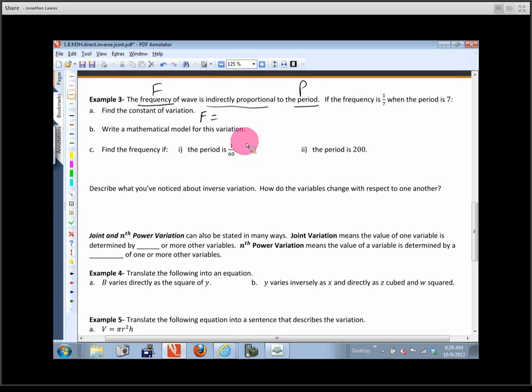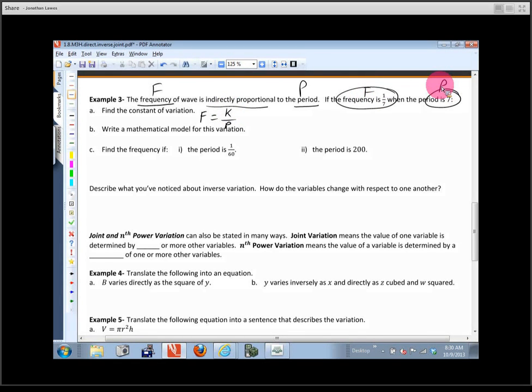If it's inversely proportional, I'd have a K on the top and I'd have a P on the bottom. Here's my mathematical model for this statement, but then it gives me some information. It says the frequency is 1/7 when the period is 7. Find the constant of variation. We want to figure out what K is. So this is F and this is P.